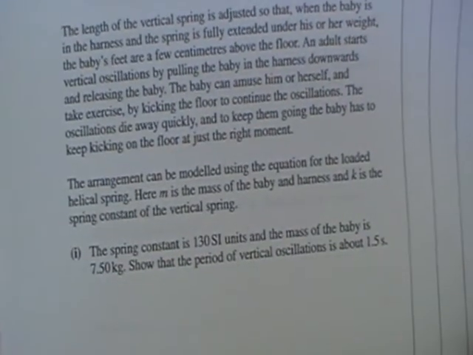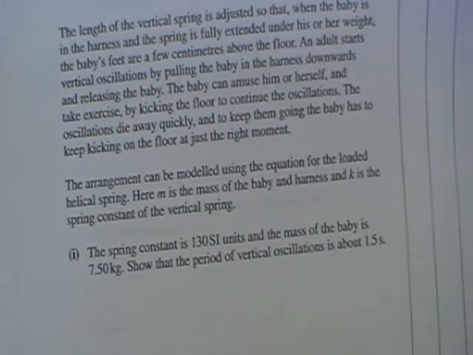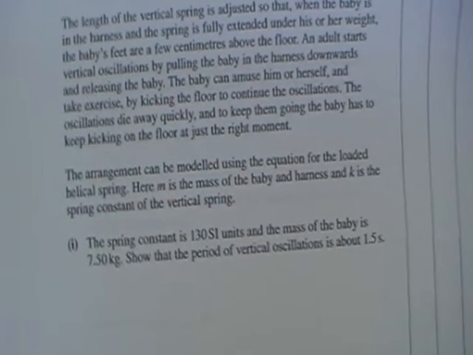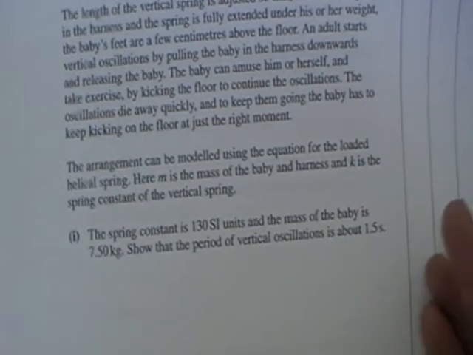The oscillations die away quickly, and to keep them going the baby has to keep kicking the floor at just the right moment. The arrangement can be modelled using the equation for the loaded helical spring. Here m is the mass of the baby in harness and k is the spring constant of the vertical spring.